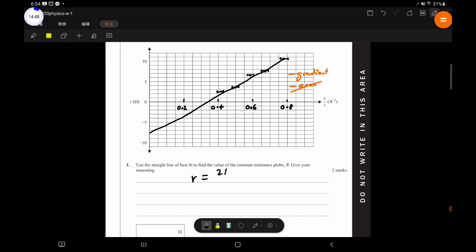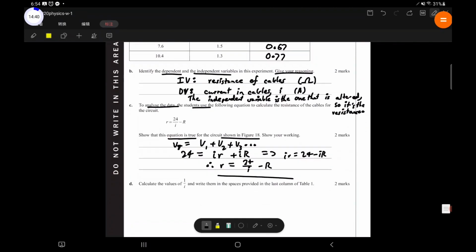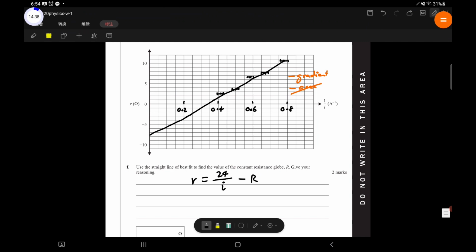So R is equal to 24 over I minus big R. Okay, so in this case, let's have a think about this. What would the gradient tell me? Does the gradient relate to big R? In this case, it doesn't, right? In this case, the gradient relates to 24.